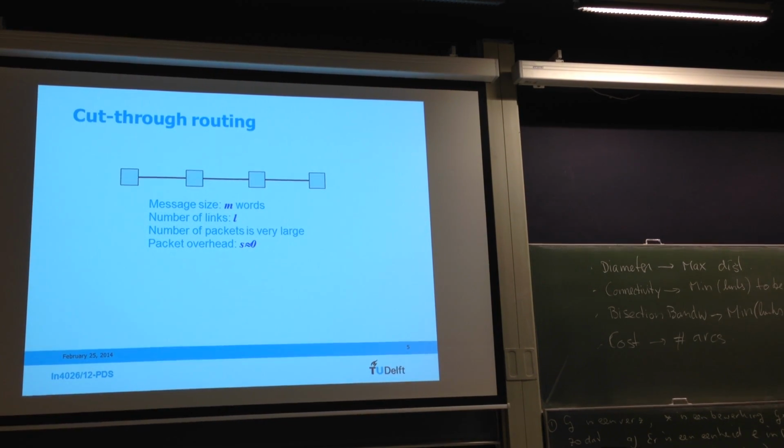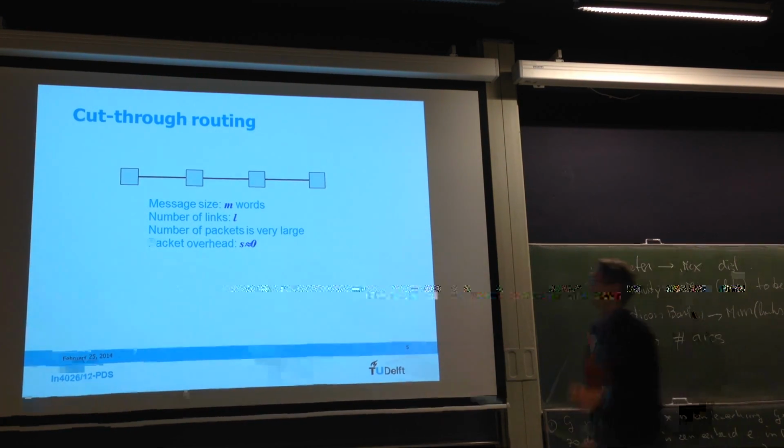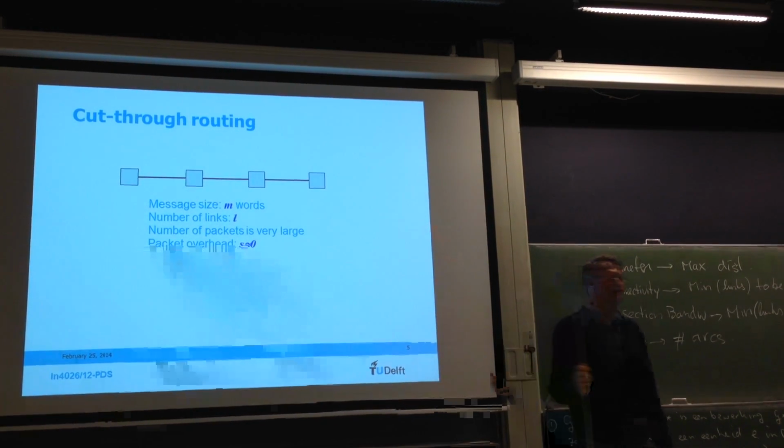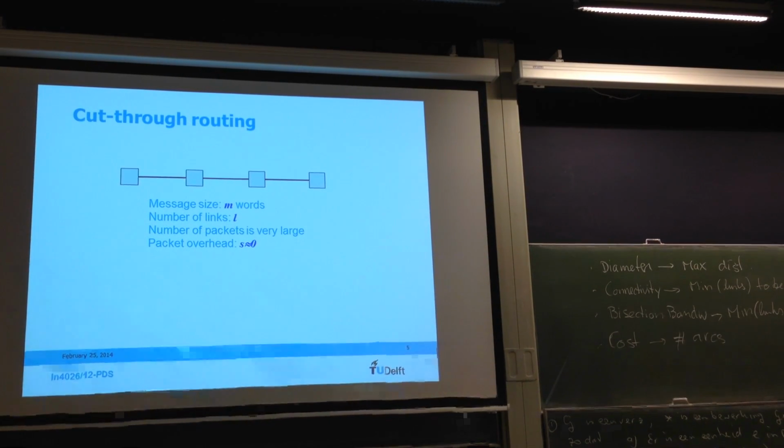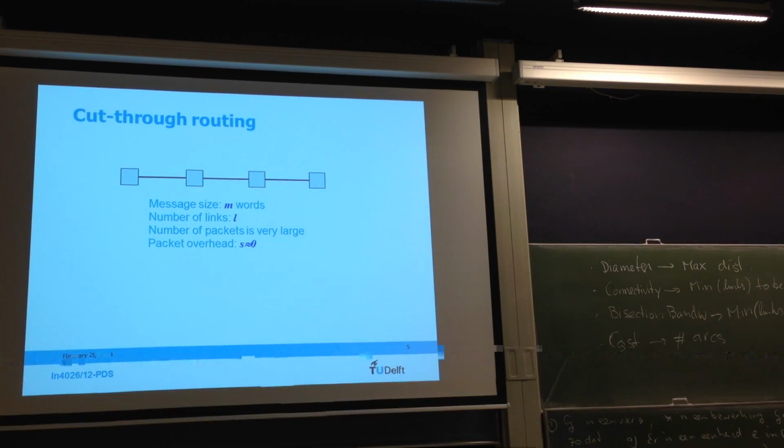Now, if I make the number of packets very large compared to the message, then I get a different picture. And if I assume the overhead of a packet can be neglected, so that means that packet overhead is not dependent on the number of packets. It's a one-time overhead, and because we're dealing with many packets, I can kind of neglect it.